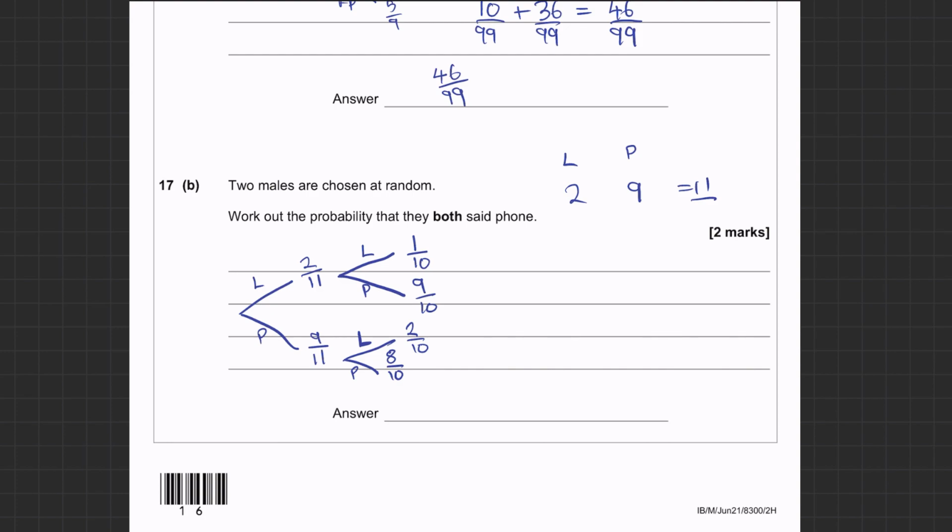So if we said the probability that they both said phone, we're looking, well, if we go down the tree, one said phone, the second said phone. So we're looking for this value, which is going to be here, which is 9 over 11, the probability that one picked phone, multiplied by the probability that the second person picked phone as well. 9 times 8, which is 72.